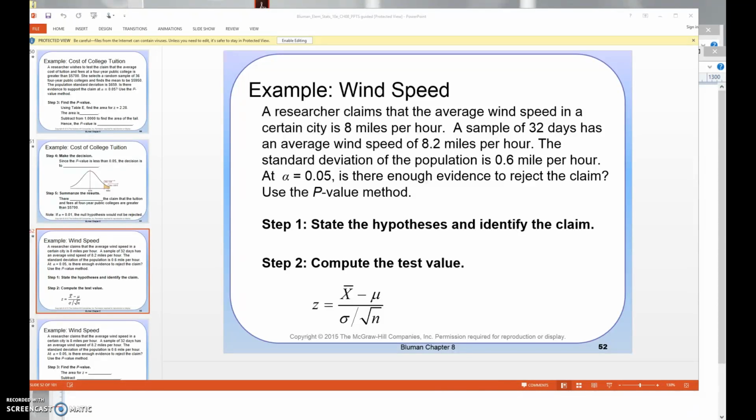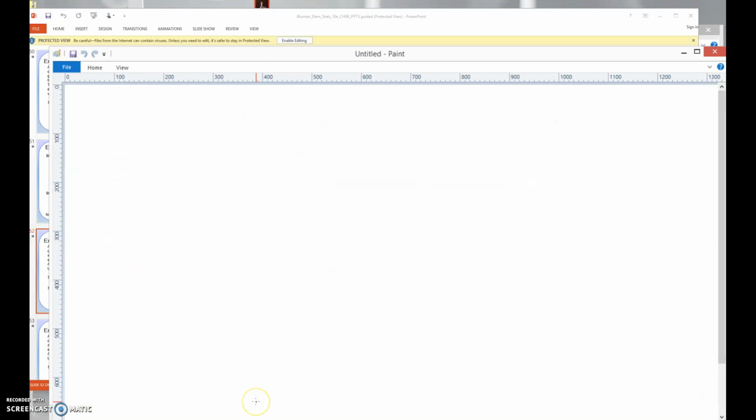Use the p-value method. Again, here we're going to go through step 1, state the hypothesis and identify the claim. Notice that our average speed was 8, so our null hypothesis is going to be mu equals 8, and our alternative hypothesis is going to be mu not equal to 8.